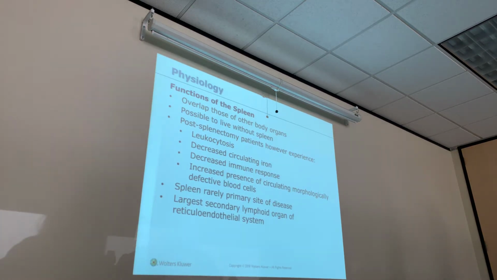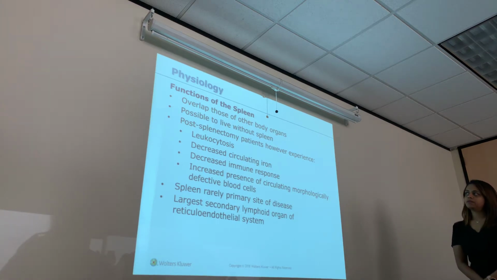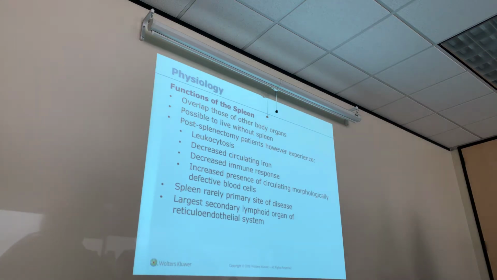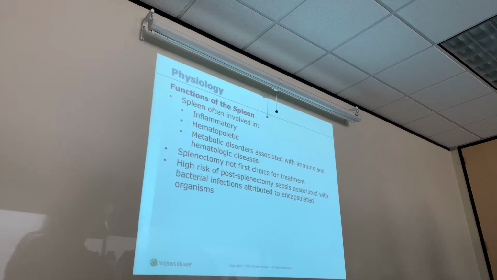It's the largest secondary lymphoid organ of the reticuloendothelial system. There are some true and false questions here. The spleen is often involved in inflammatory, hematopoietic, and metabolic disorders associated with immune and any type of blood disease.